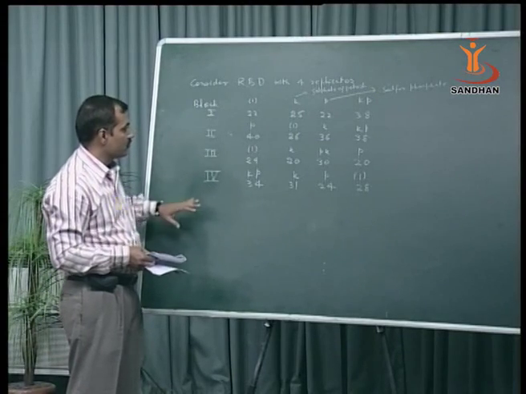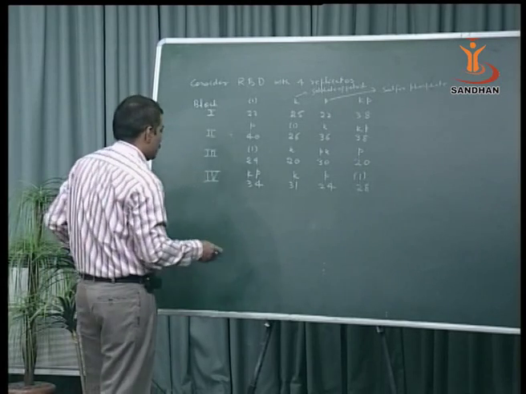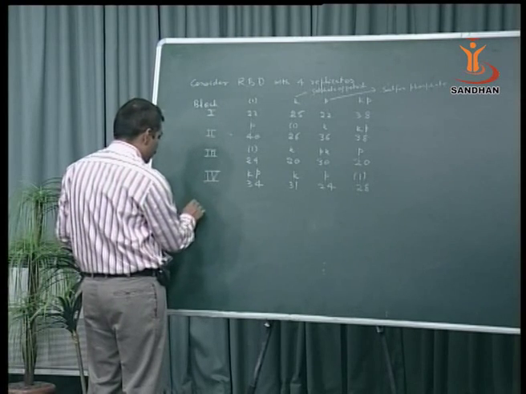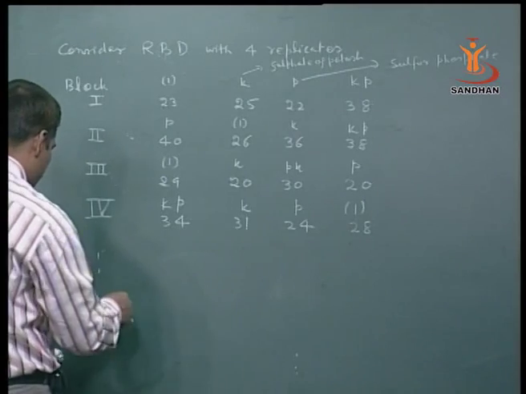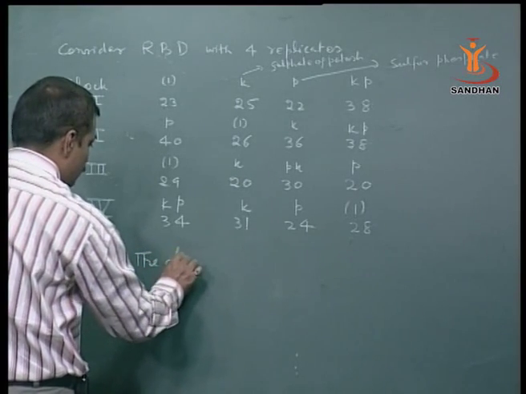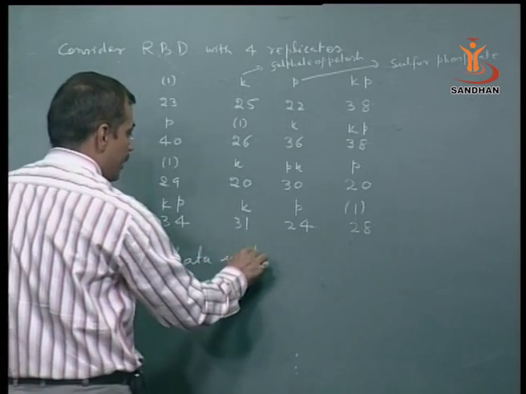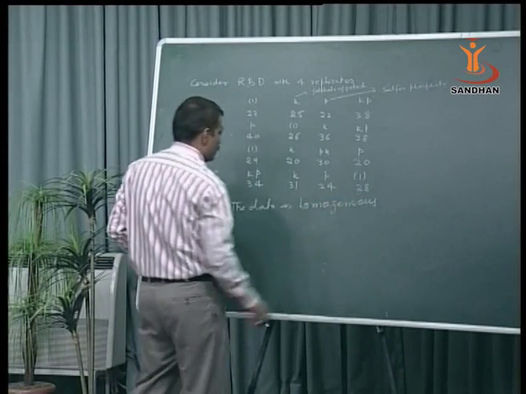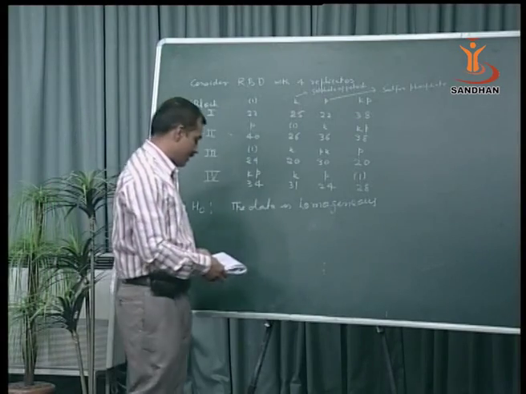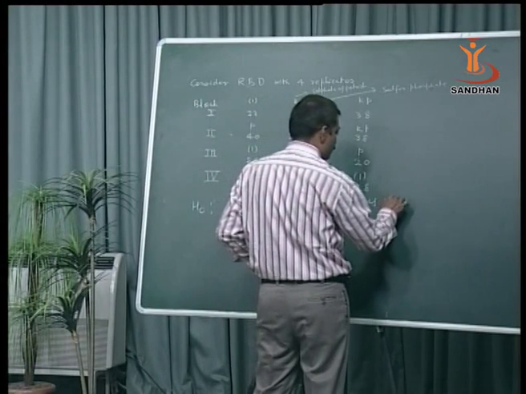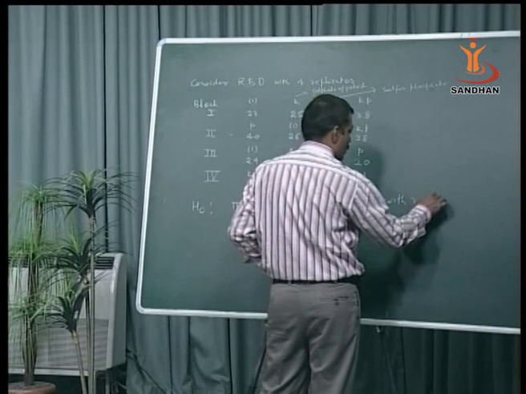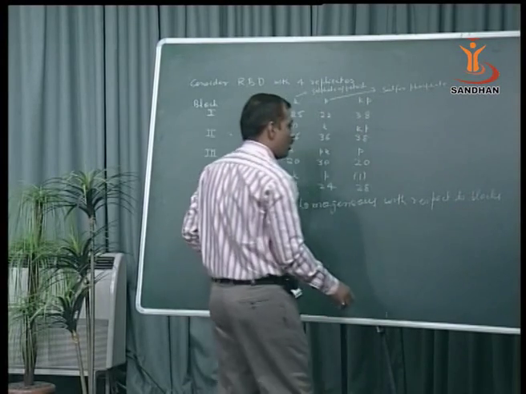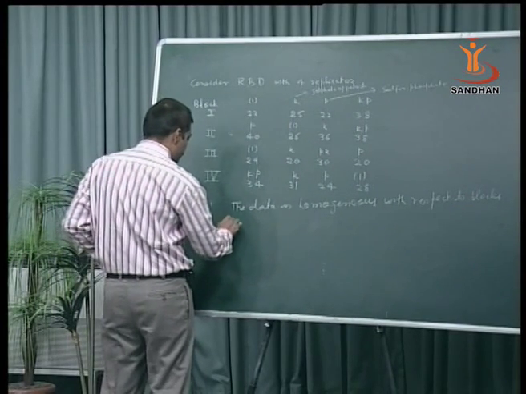Now for the analysis, for example if you test the homogeneity, our null hypothesis is to test that the data is homogeneous. Suppose this is our hypothesis, the data is homogeneous with respect to blocks and the treatments.